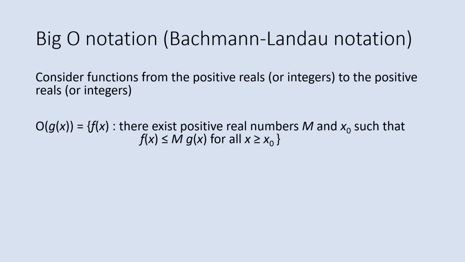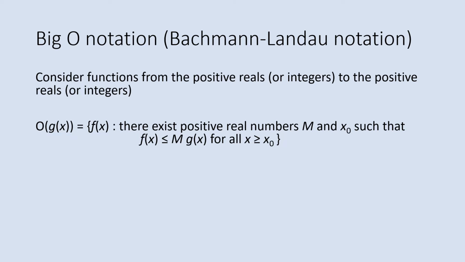So the set big O of g of x, so g of x is a function, again, a positive valued function from the positive reals to the positive reals. This notation big O of g of x is a set. And it's a set of all functions f such that there exist positive real numbers, m and x naught, so that f of x is less than or equal to m times g of x for all x that are greater than or equal to x naught.